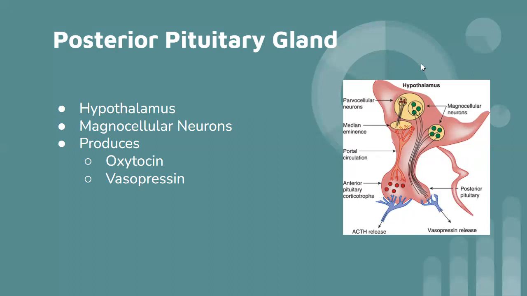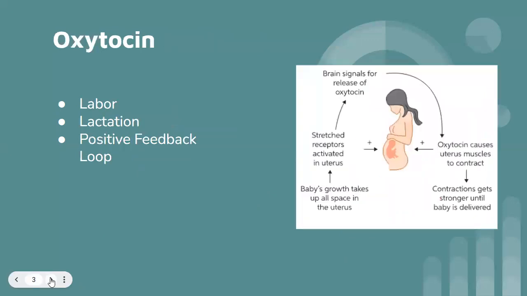So whenever the hypothalamus wants the posterior pituitary to release oxytocin or vasopressin, it's going to send a signal via the magnocellular neurons all the way down here, posterior pituitary. It tells it what to do, and then the posterior pituitary can release these hormones into the main circulatory system. Okay, so that's an overview of how that works. So let's go on to what oxytocin and vasopressin actually do.